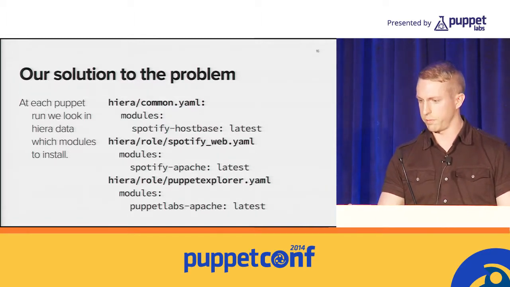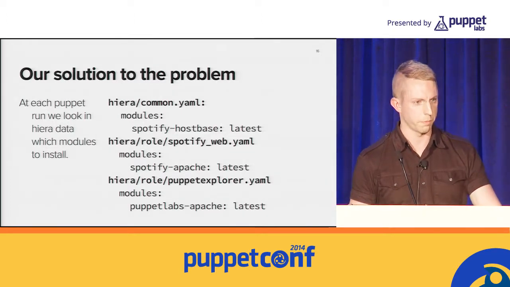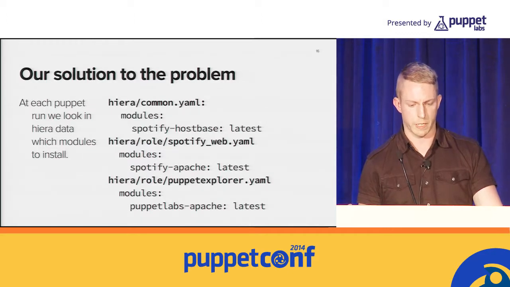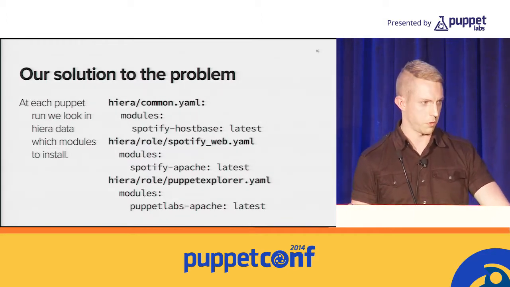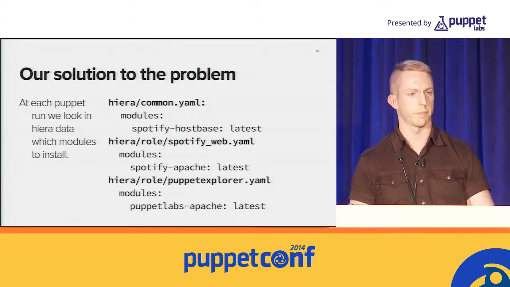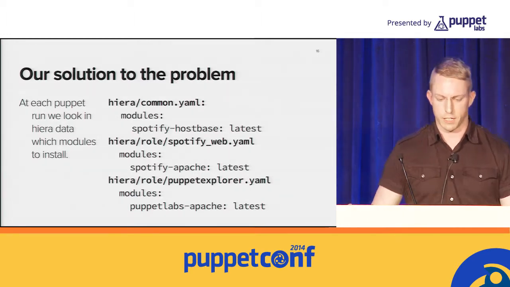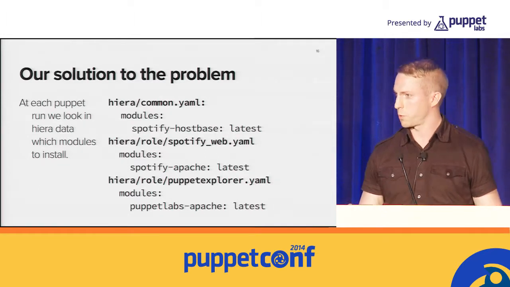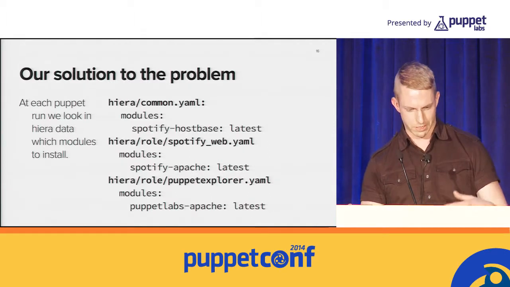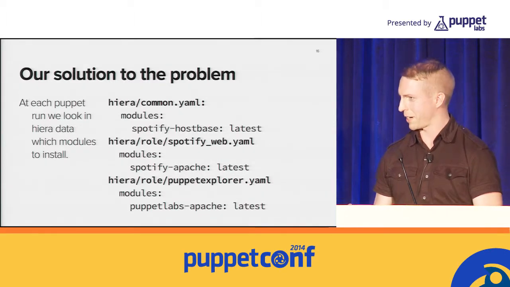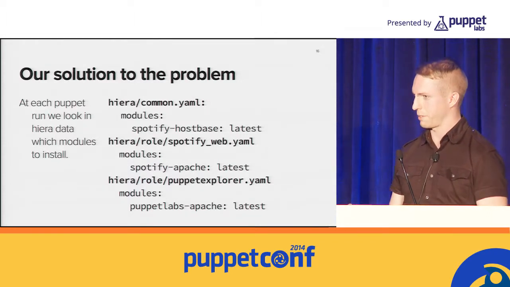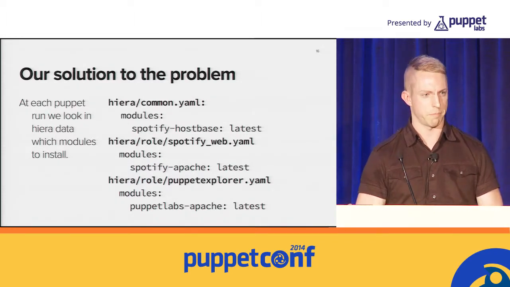So then you can do something like this, for example, where you have a common YAML that specifies that you want to use our host base. That's our module for the baseline configuration. And then on our Spotify web, maybe we're using the old Apache module, the old internal one called Spotify-Apache. But on Puppet Explorer, which is a new application, we want to use the Puppet Labs Apache module.